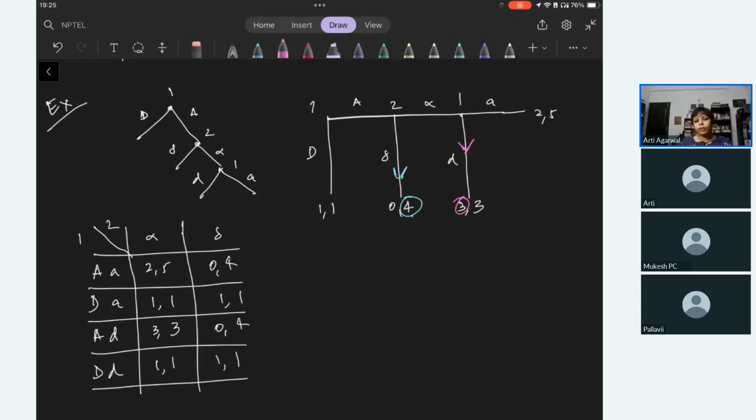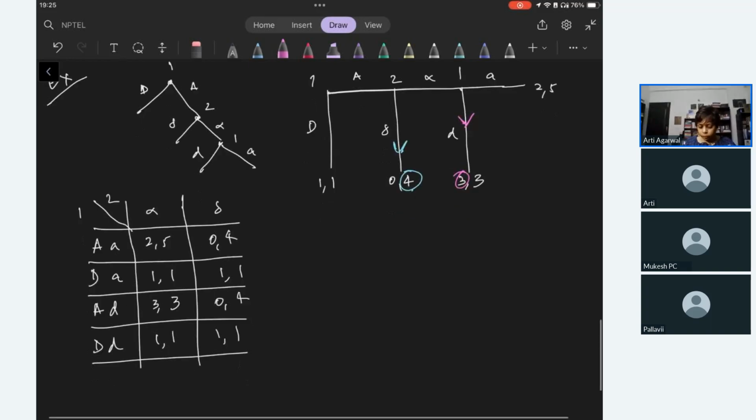So one has to compare his payoff between 1, 1 and 0, 4, because if one chooses A, 2 chooses delta, he gets payoff 0. Whereas if one chooses D, he gets payoff 1. This is the best response of 1. So what happens is that in the end, the whole game does not even get played. It ends here.